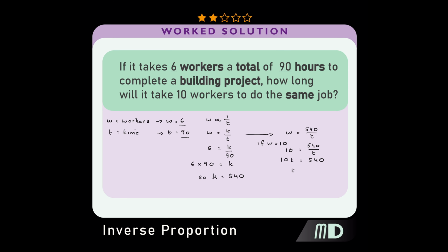And in the second, T equal to 540 divided by 10. 540 divided by 10 is 54, giving us a value of T equal to 54. So T is equal to 54 hours.